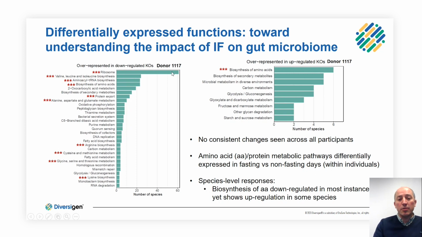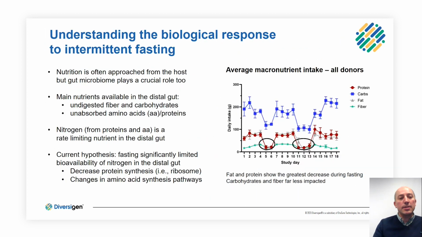You see upward of 60 species showing downregulation of ribosomal function. Generally speaking, we saw more downregulation, and a lot of the downregulated pathways were around amino acid synthesis and metabolic pathways. It's very interesting because we see global changes, but we're also able to pick up species-level changes, and different species respond differently to the diet.